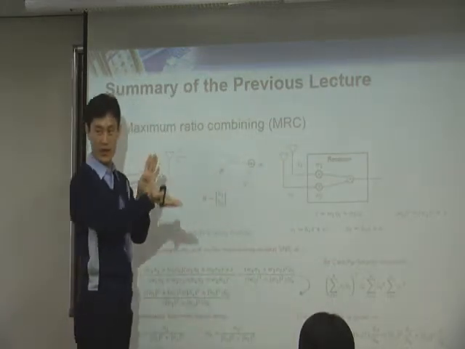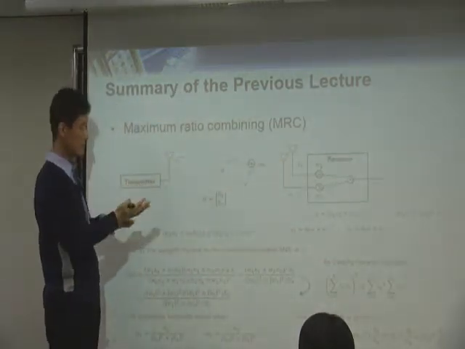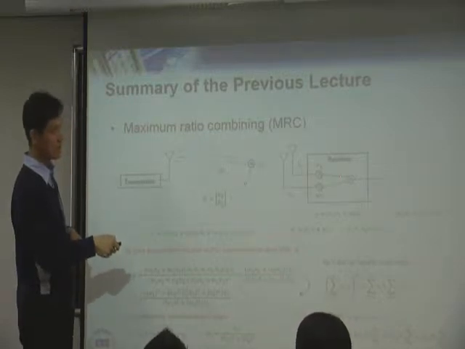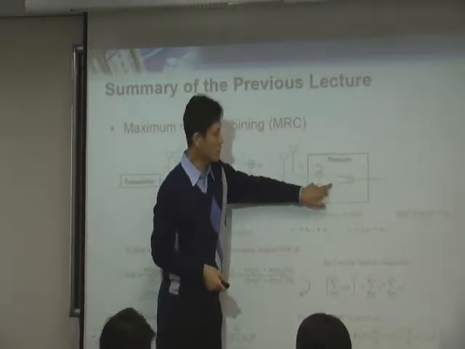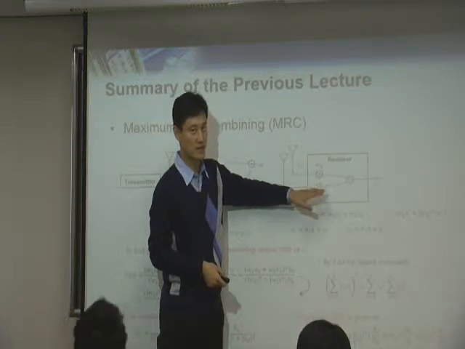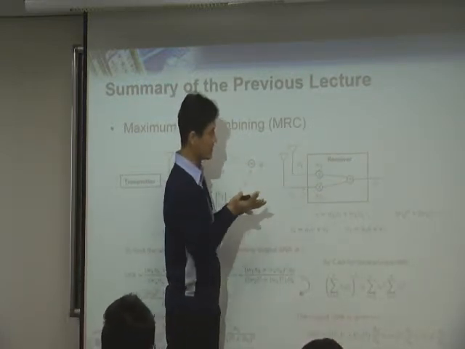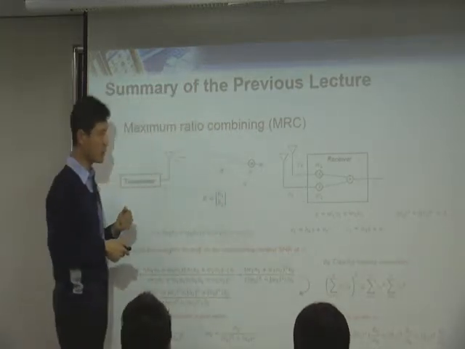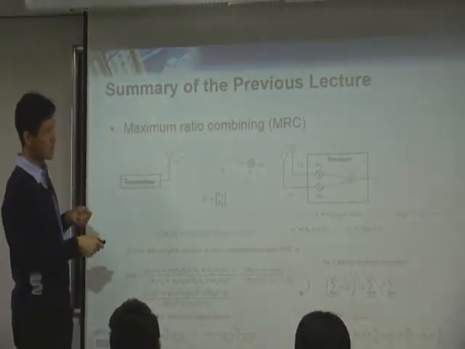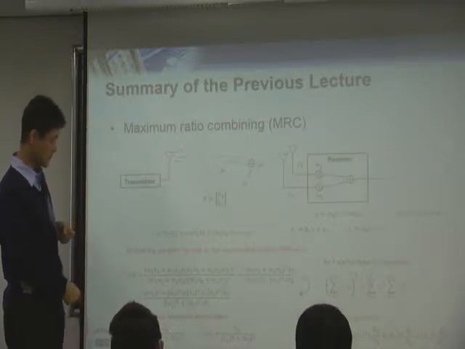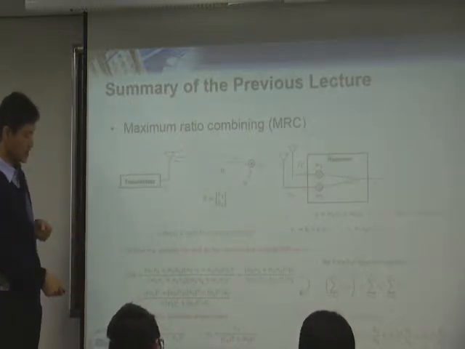That way, when you add them together, they are aligned. So what we need to do is make these two outputs aligned all in the same line. In order to do that, W1 has to be a function of H1 complex conjugate.